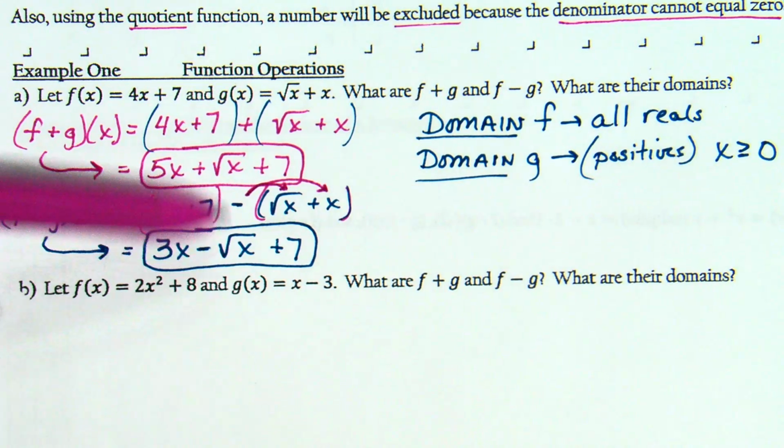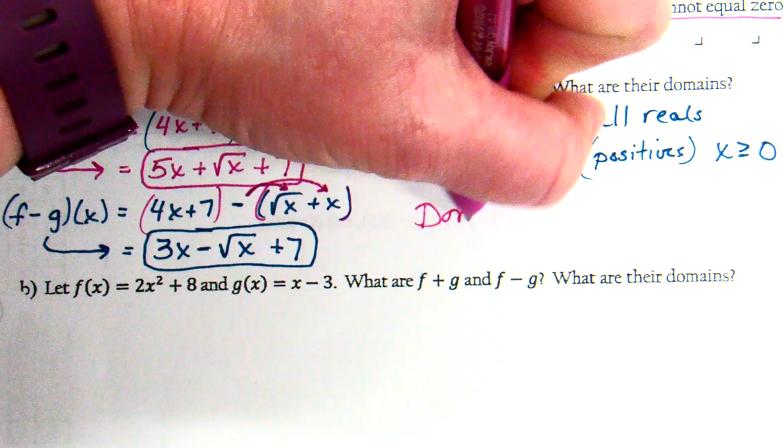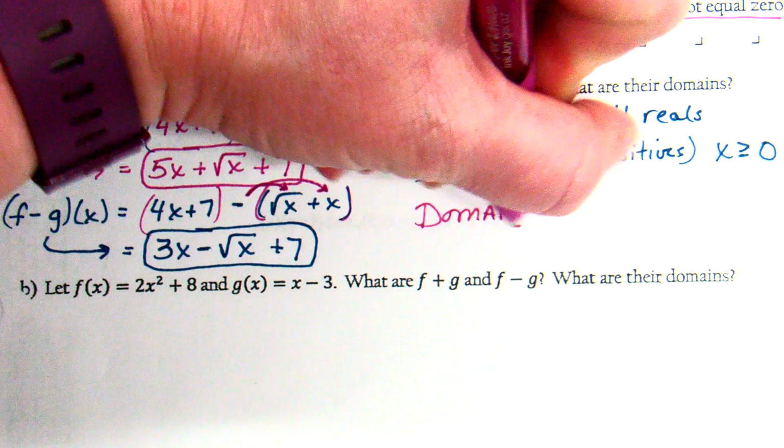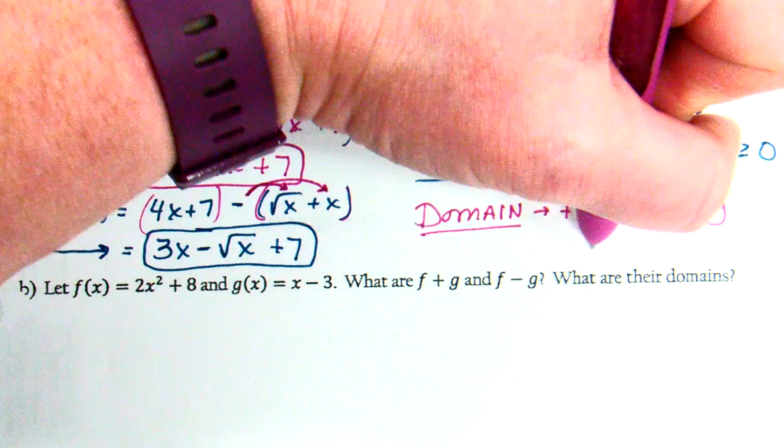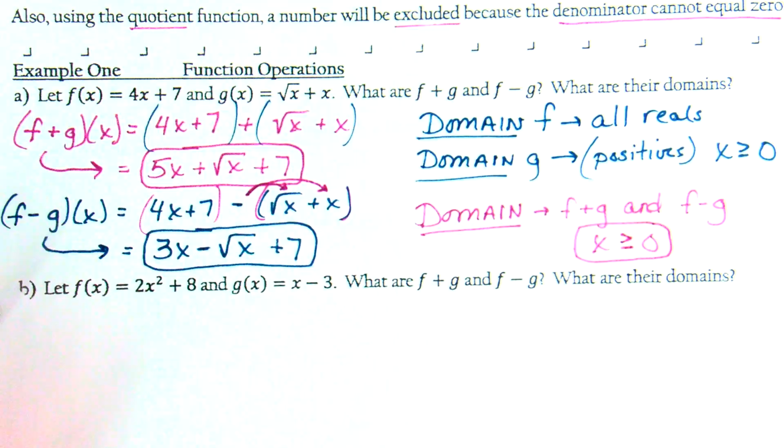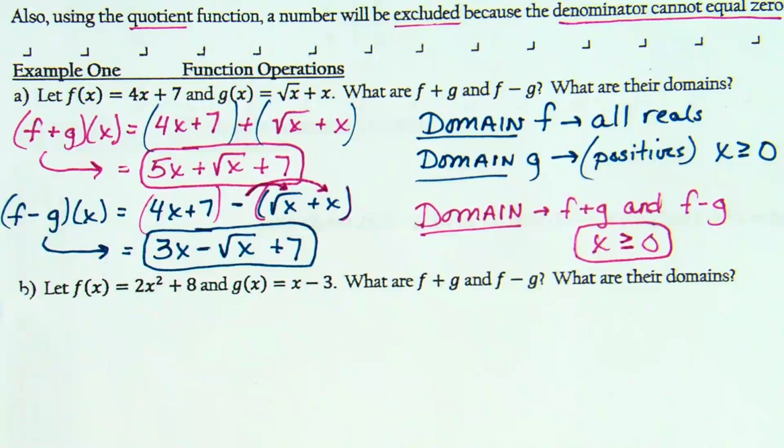So for my final answer domain, because it wanted them for f plus g and f minus g, my domains for f plus g and f minus g, I'm going to use x greater than or equal to 0. I can no longer say just all reals when we put them together, because there is a radical in those answers. There's a square root, so we have to go positive. Okay?